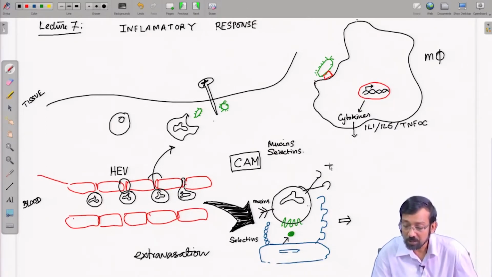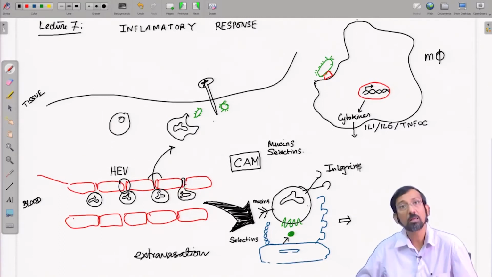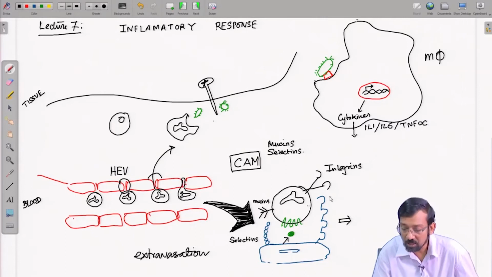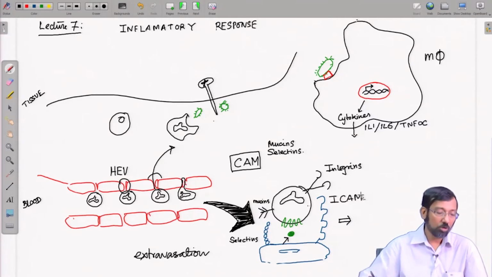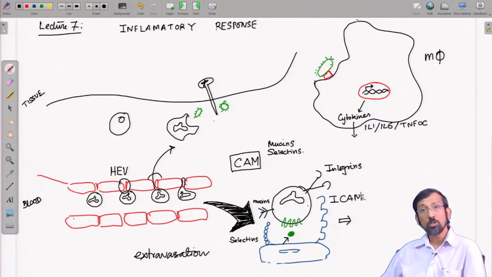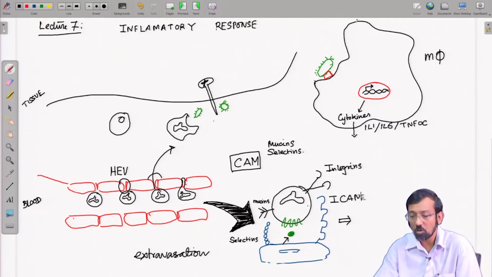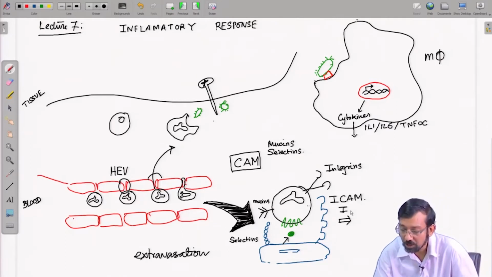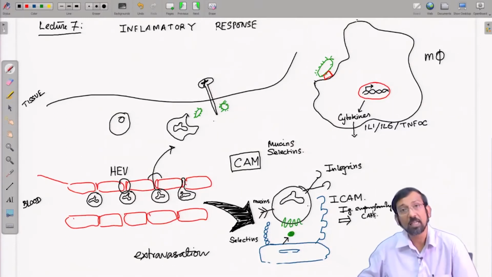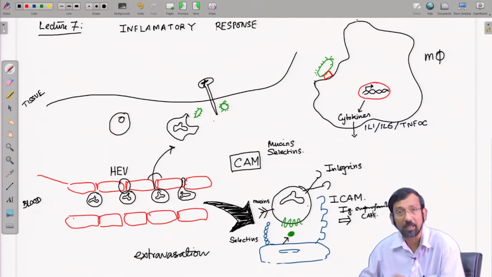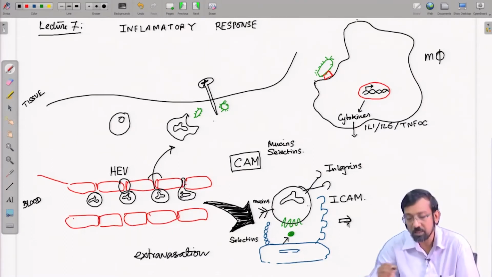Then you have the integrins, and a 4th class of the CAMs, which are known as the I-CAMs, also known as the immunoglobulin superfamily cell adhesion molecules, or the Ig superfamily CAMs, and that is why they are known as the I-CAMs. So, now what happens in this part?